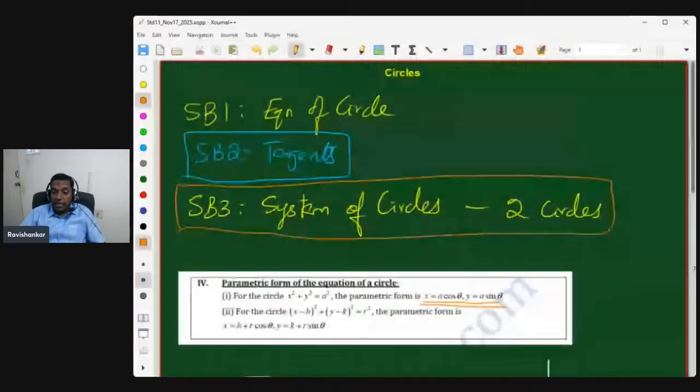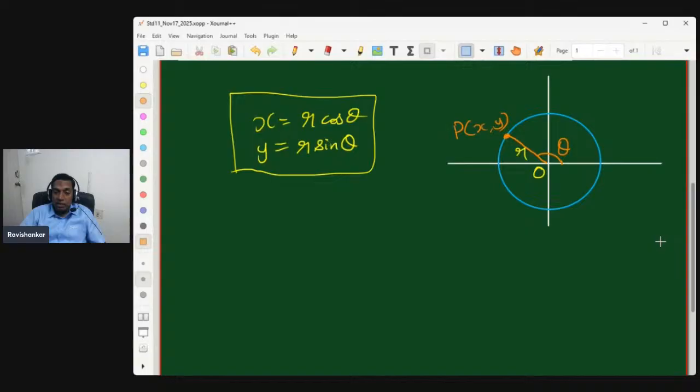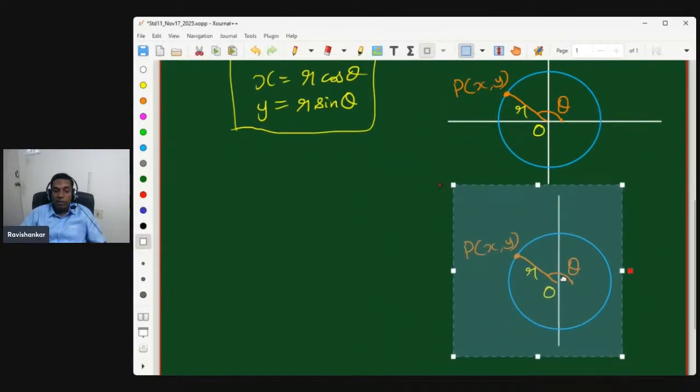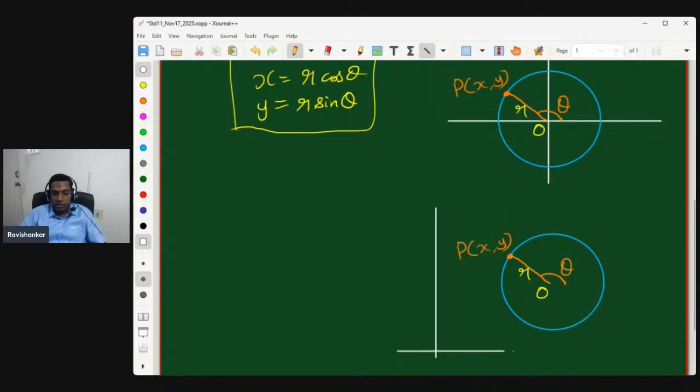So this idea can be extended to any circle. That means the general circle, where this is your x-axis and y-axis, and you can still say that this is theta.